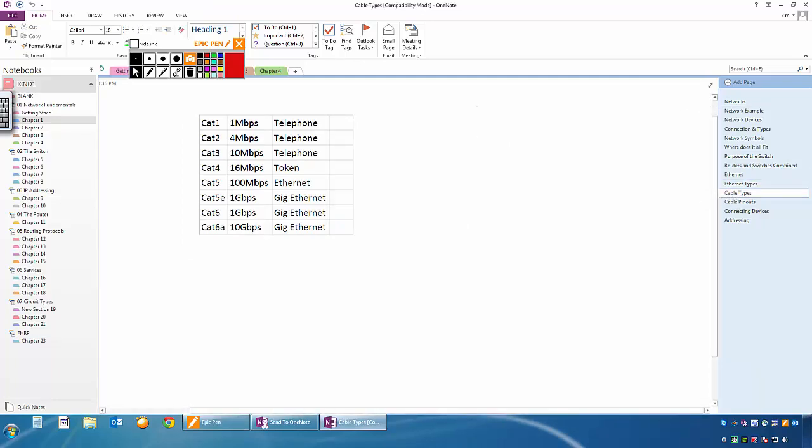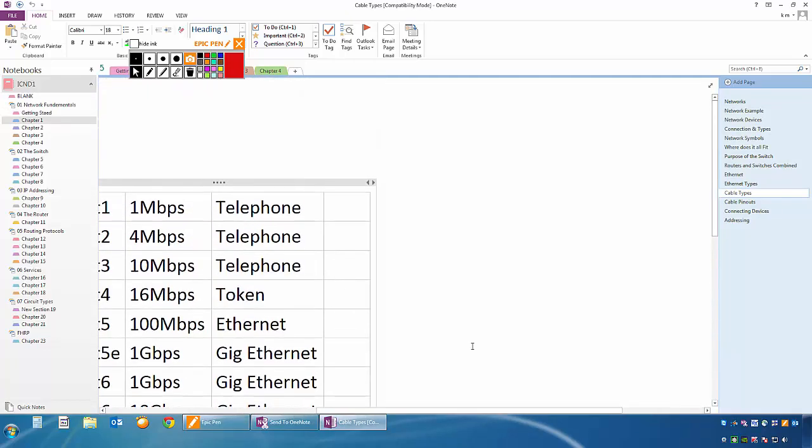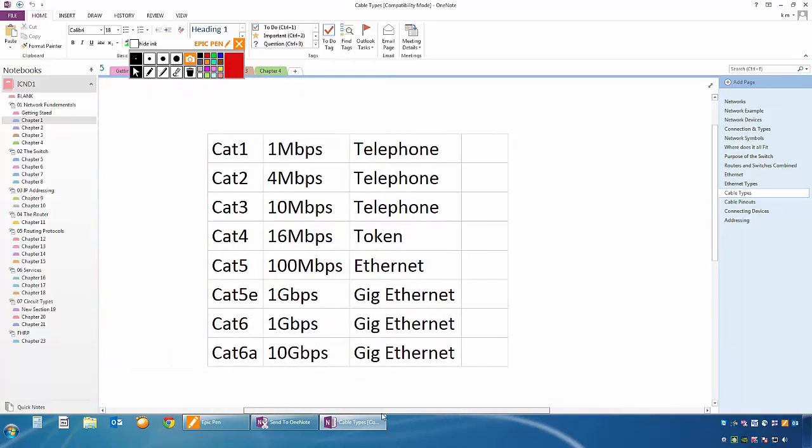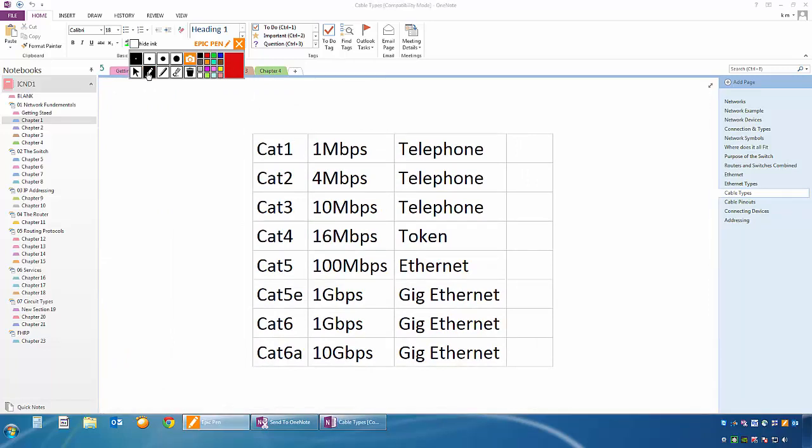Now, this one is talking about our cables. Remember, we need cables in order to plug our devices in. A lot of people call them Ethernet cables. And whenever we think about Ethernet cables, we have a category type of cable. This is what this CAT means. It means category.